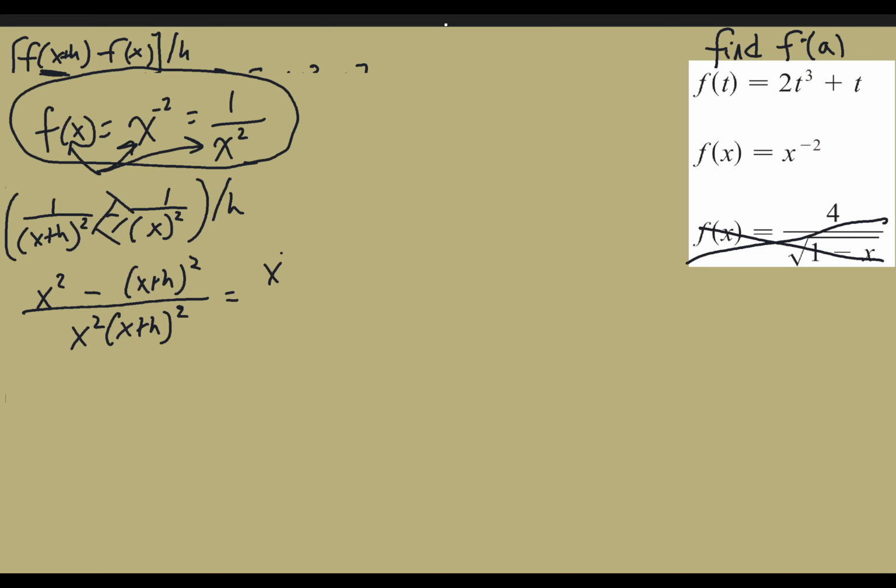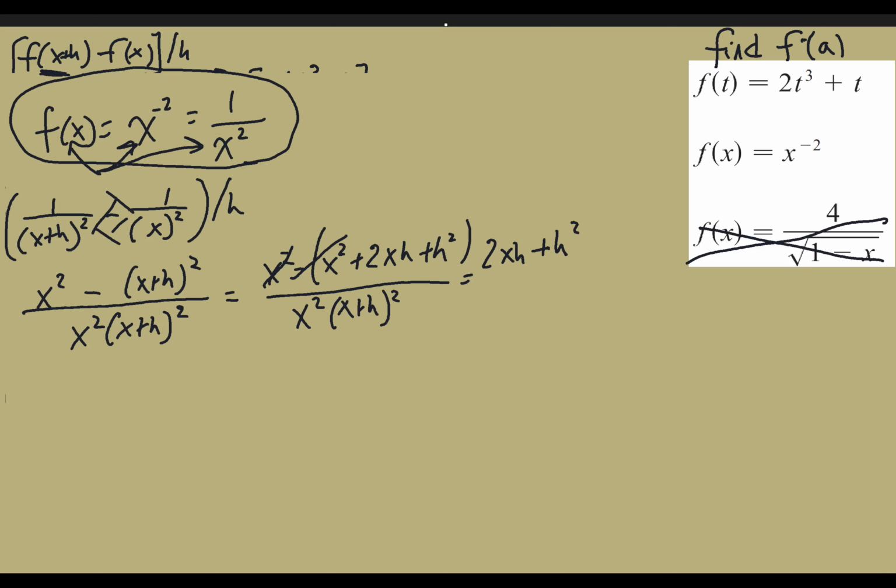So it's going to be x squared minus x squared plus 2xh plus h squared over x squared times x plus h squared. That's going to give us, this cancels. So we're going to get 2xh plus h squared over x squared times x plus h squared. That seems right so far.